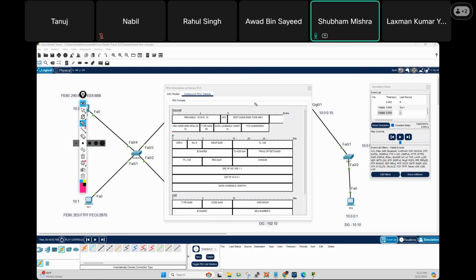When you are seeing this packet, see one thing. What is the source IP address? 192.168.1.66. This is the PC number 5 IP address. Yes or no?